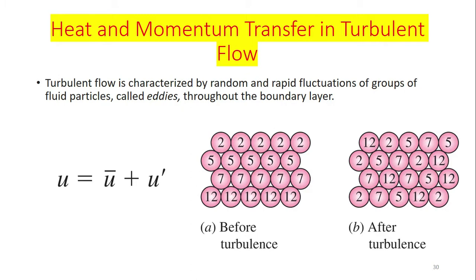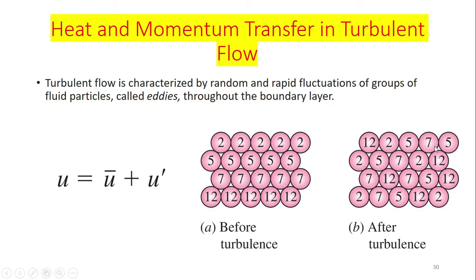As a result, turbulent flow is associated with much higher values of friction and heat transfer coefficients. The presence of eddies causes significant fluctuations in the values of velocity, temperature, pressure, and even density in the case of compressible flows.